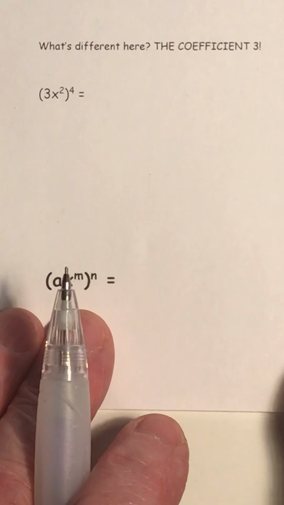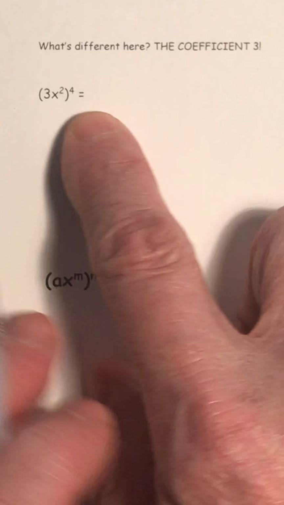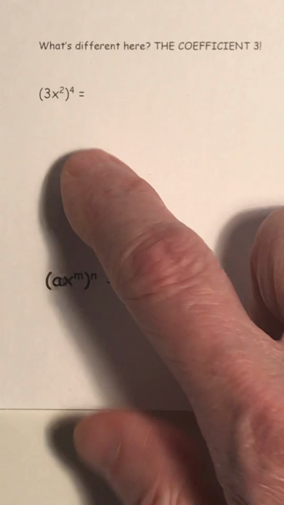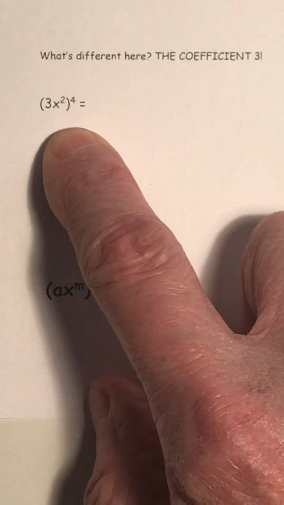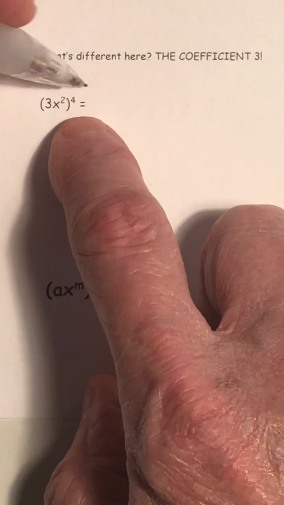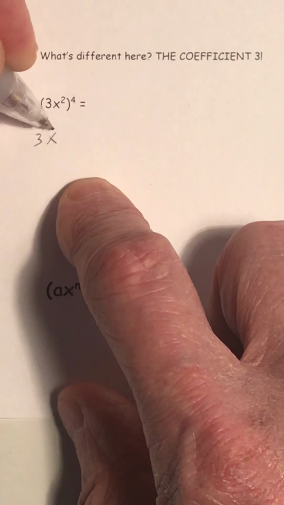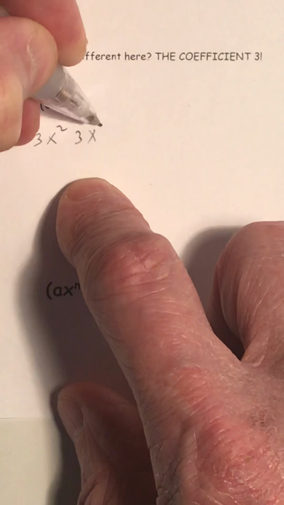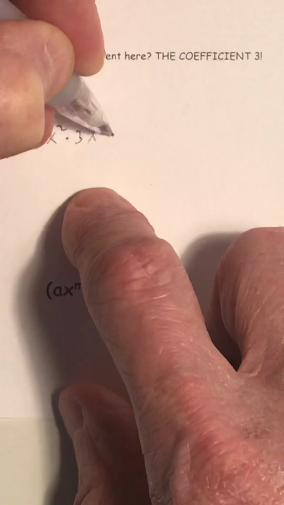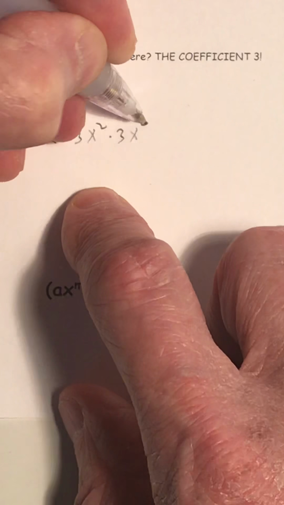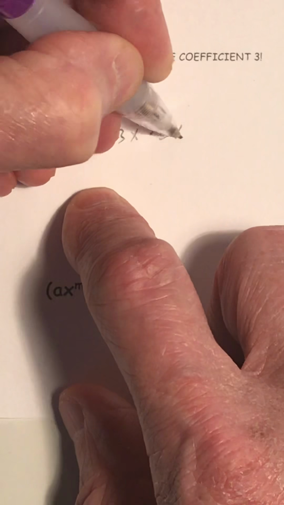I'm getting just a little uglier down here. If I didn't know my shortcut from just moments ago, the little 4 directs us to write 3x squared, 3x squared, there's a times dot, 3x squared, 3x squared.